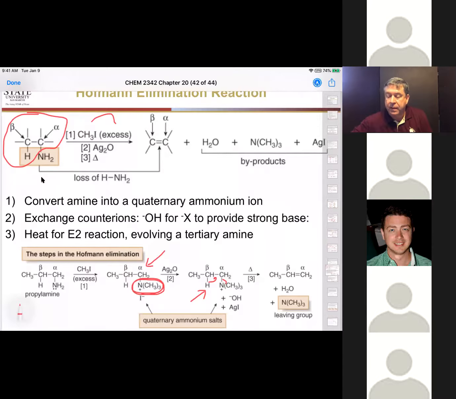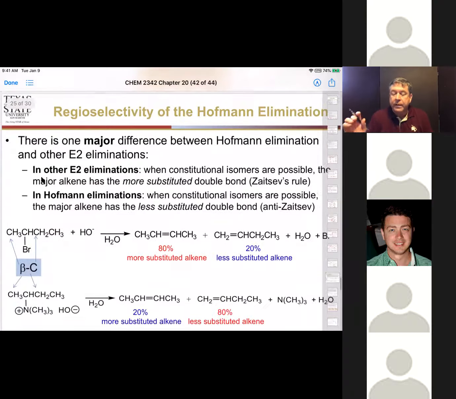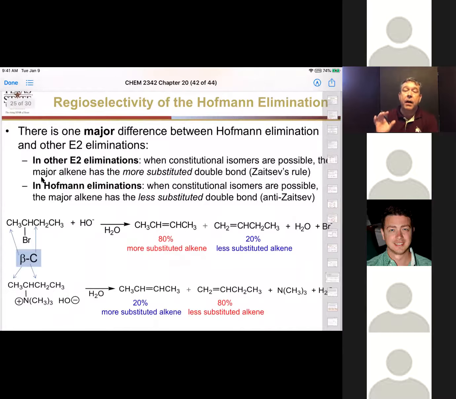Okay, so let me show you. We have regioselectivity in the Hofmann elimination. In most E2 reactions, we have to have that beta hydrogen anti to the leaving group, and we end up with elimination to form the more substituted double bond, or Zaitsev's rule. Because it can move around and form that more thermodynamically stable product, we always get the more substituted double bond.